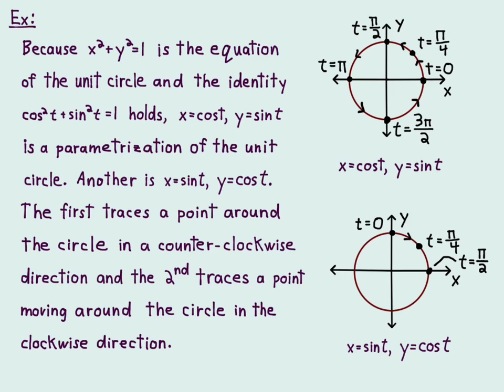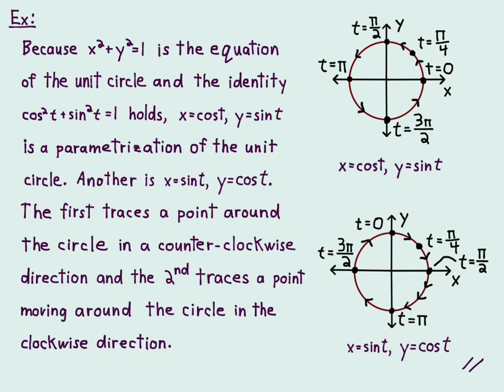So that's 1 comma 0, which is this point right here. At time t equals pi, sine of pi is 0, cosine of pi is negative 1. So that's 0, negative 1, which is this point here, right? I'm just graphing points just to get used to it here.